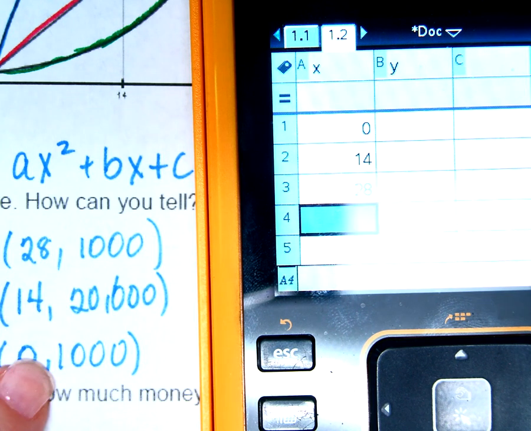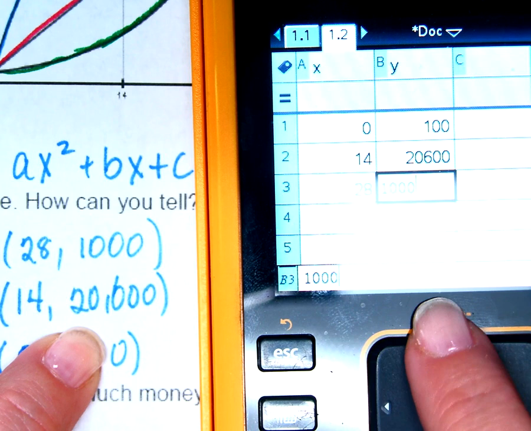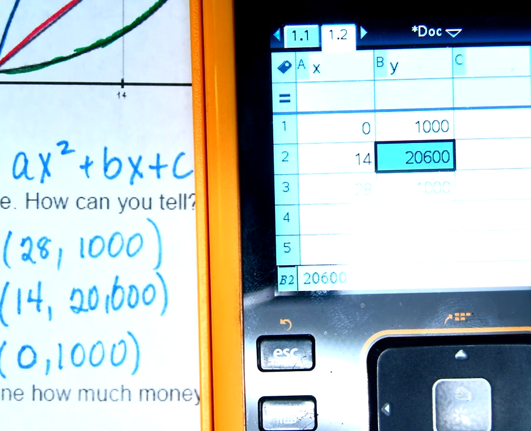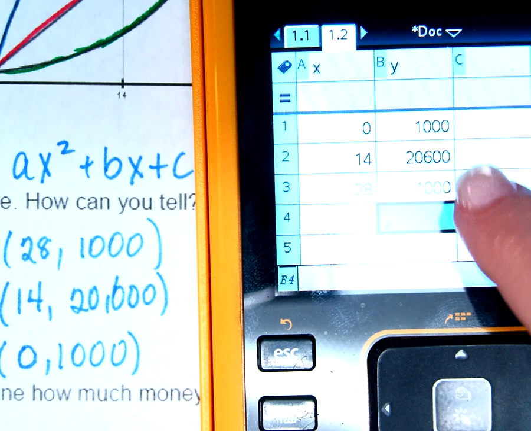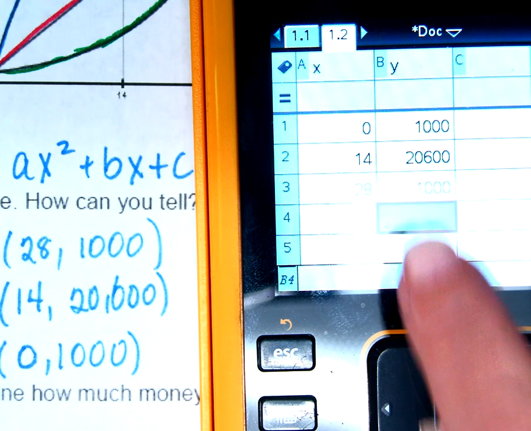And then all our y's: 1,000, 20,600, and 1,000. Remember, make sure you hit enter after this last one. You don't want to leave your cursor right there.